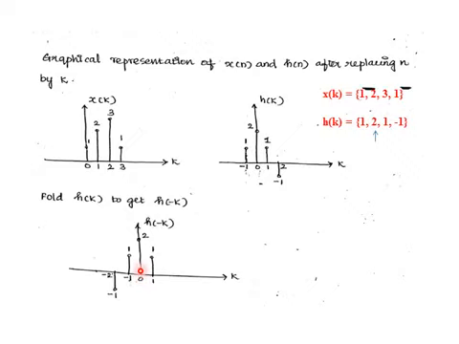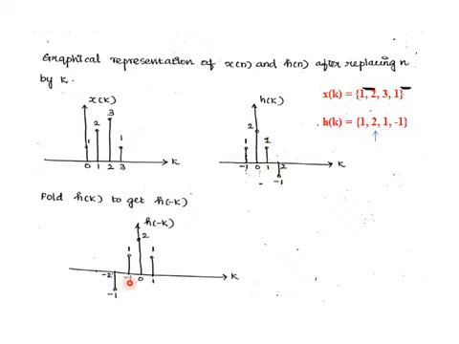Now since k is replaced by minus k, all the sample values to the right of origin in the original signal should be represented in the left, and all the samples in the left of the original signal should be represented in the right. So these two sample values which are on the right side of the origin in the original signal h of k have to be folded to the left.